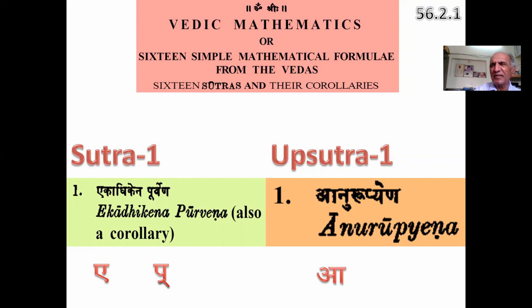Upsutra begins with elongated A. These three letters that way condition the ultimate reach of these formulations. So when we shall be transiting from letters alphabet to numbers alphabet, then with respect to Ekadikain, its first letter will take us to value 6, and likewise the first letter of formulation Purvain will take us to value 5.